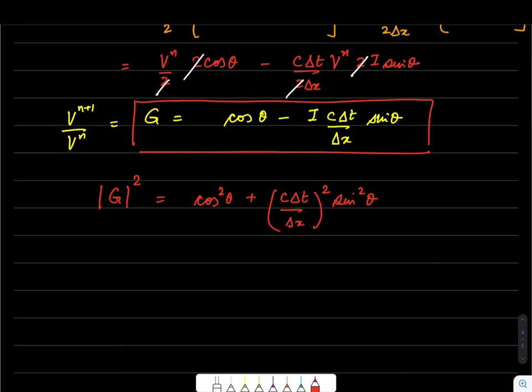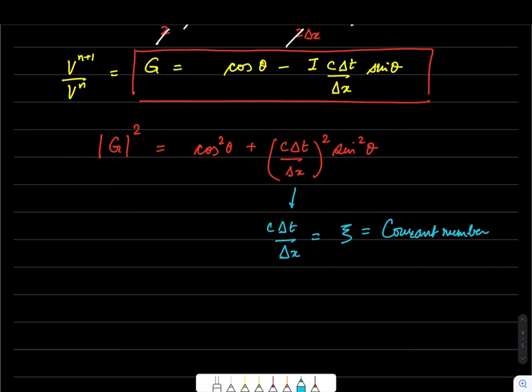Now let me replace this number c delta t by delta x by a number xi, which is actually known as a Courant number. Note that c is actually velocity or has units of velocity. So now what we get is modulus g square equal to cosine square theta plus xi square sine square theta.